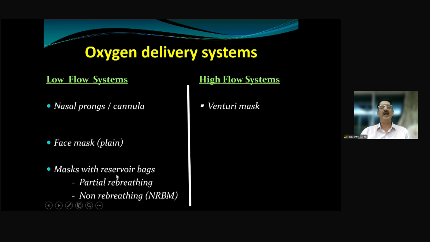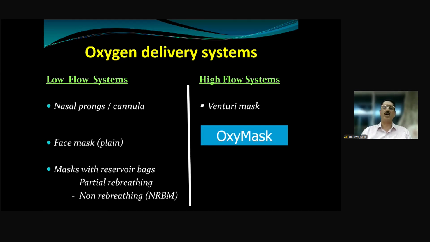And therefore, the minute ventilation and other things will vary the FiO2 and it does not give a constant FiO2. As against that, if you're using a Venturi mask, that's the only technique which gives you a high flow system. And then there are some other exotic ones like the Oxy mask and HFNO, which I might just touch upon.